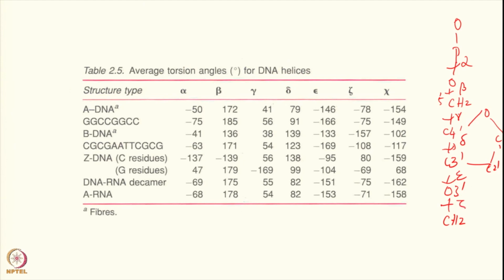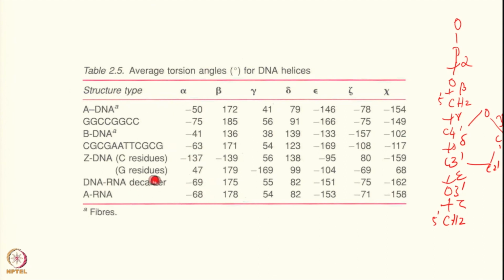The one which connects the C1 prime to the base is the chi, the one angle for which there is no space here. This is the 5 prime again, CH2. So therefore you have alpha, beta, gamma, delta, epsilon and xi. These are the 6 torsion angles you have here, and how these values are changing.